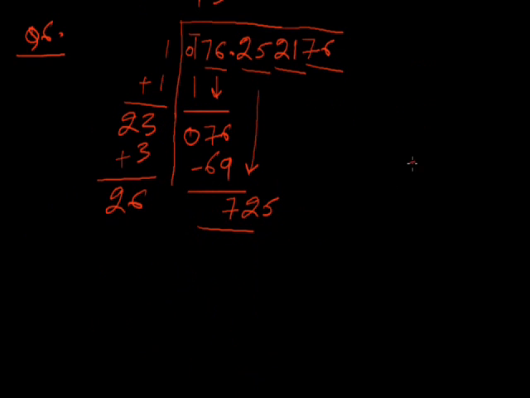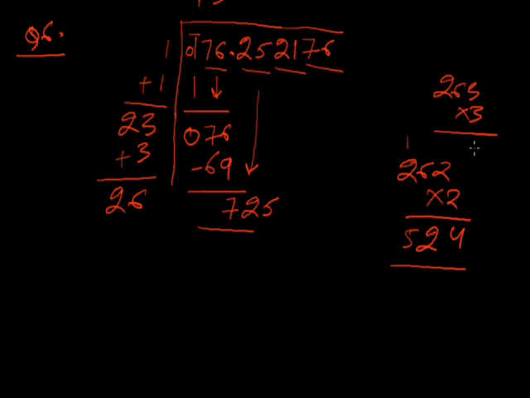Now multiply 262 by 2. We get 524. Check with 263. We get 789. Now this number 789 is larger than the number 725.